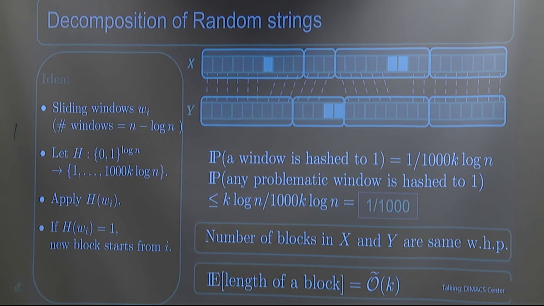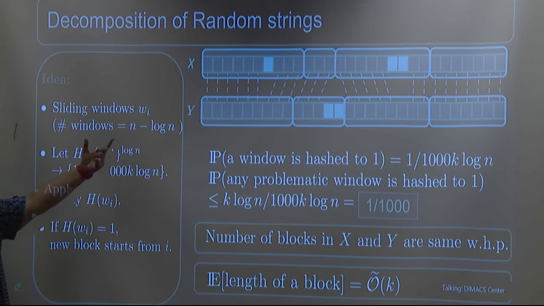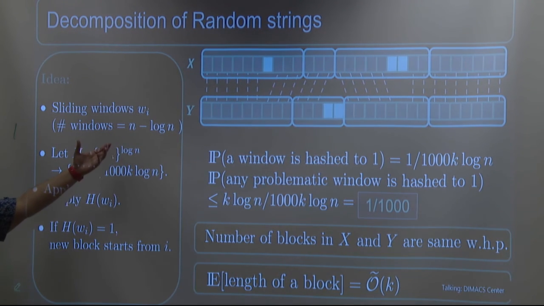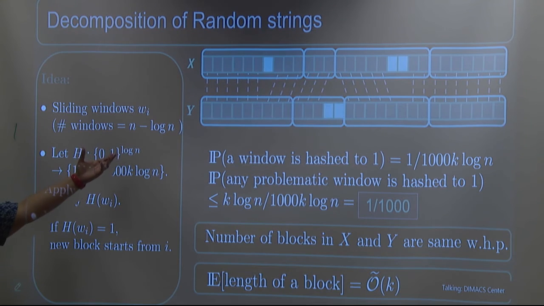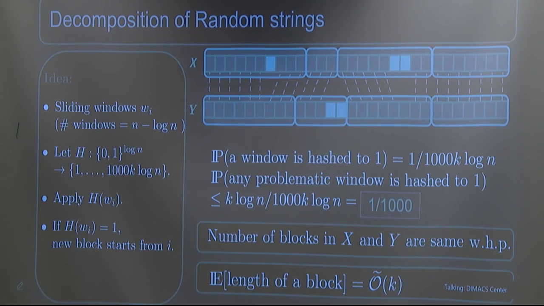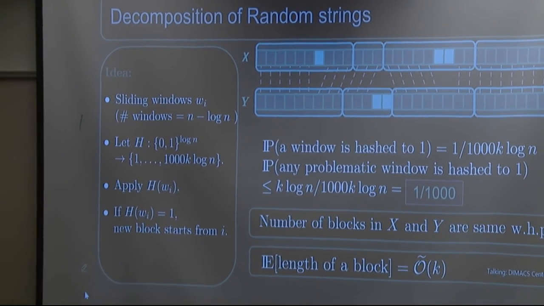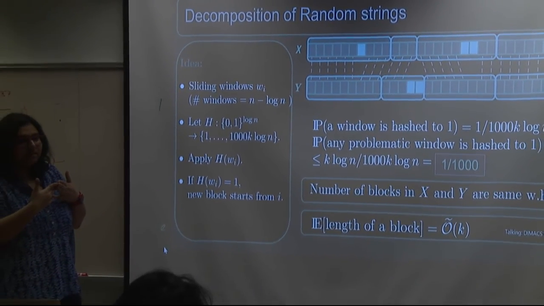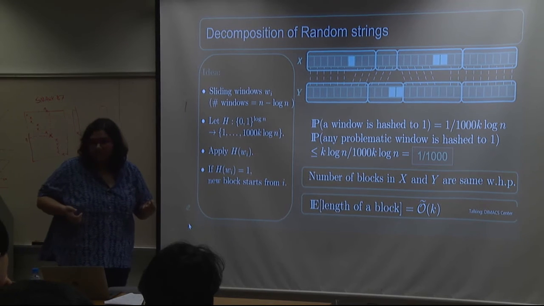X is random, that means the expected length of a block will be equal to the number of buckets, right? But Y is not random, but this also happens for Y. Because in Y, how many more symbols can we have?